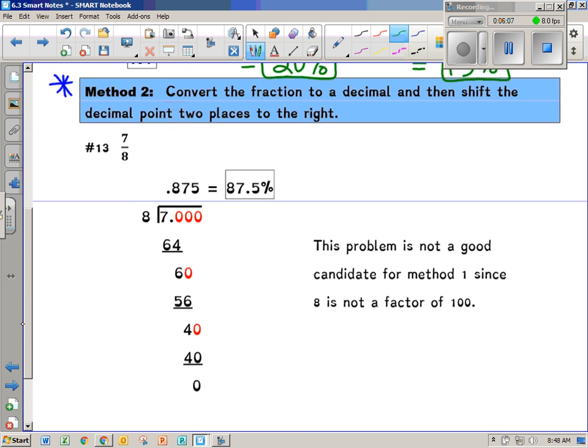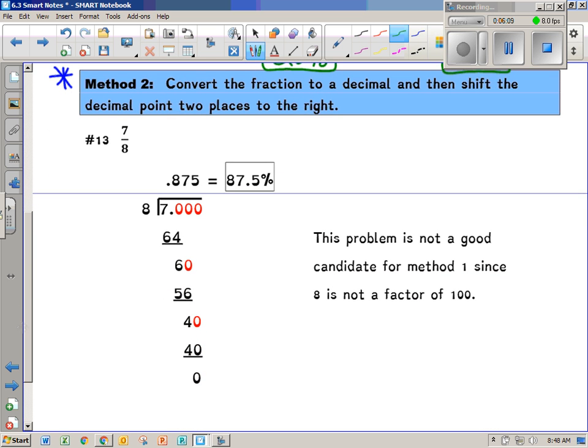Unfortunately, method number 2 is the one people enjoy the least, I would say, and that's just because it requires long division in most cases. This problem's not a good candidate for method 1 because 8 doesn't divide into 100 evenly. So I would just say, okay, I need to figure out what 7 divided by 8 is. But think about it. It's as if you got 7 problems right out of 8.